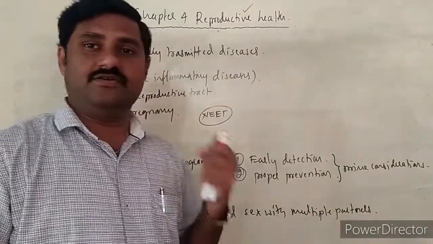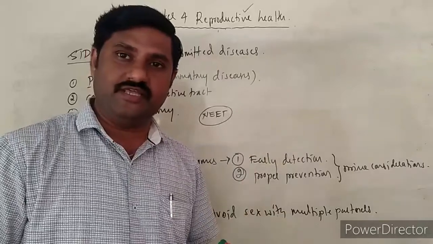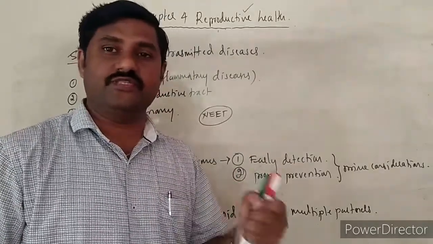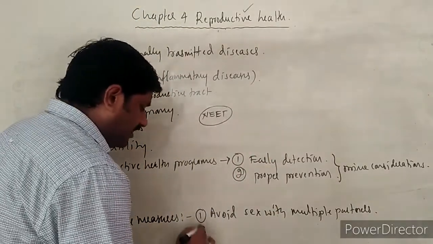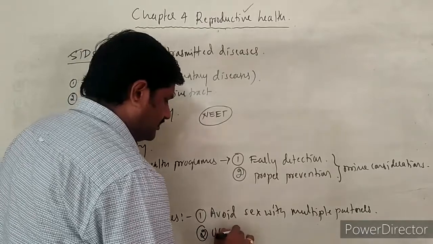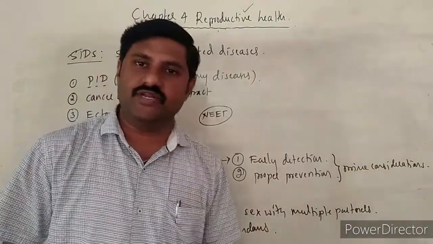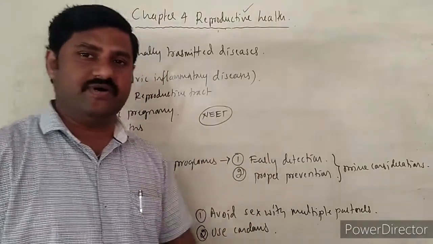Or else, be safe and take precautions during sexual intercourse with an unknown person, right? So this is one. And always use condoms during sexual intercourse with an unknown partner or multiple partners.